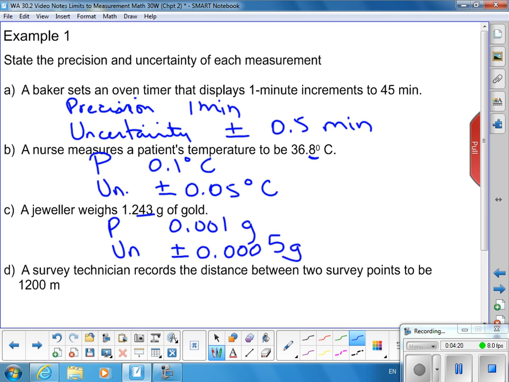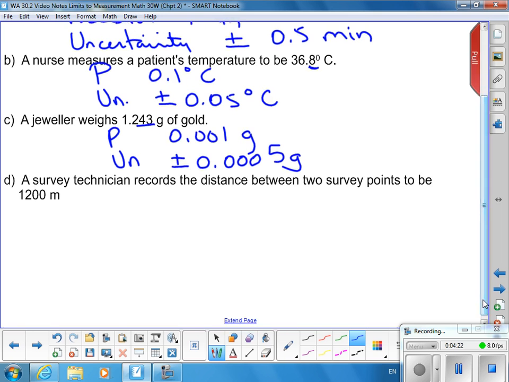0.0005 of a gram. And the last one, a survey technician records the distance between 2 survey points as 1,200 meters. Now, this actually is kind of unclear because we don't know if you are measuring in meters, or in 10 meters, or in 100 meters, because the last 2 digits are zeros. So we're not sure if that's accurate or precise, or if you are just rounding them off.